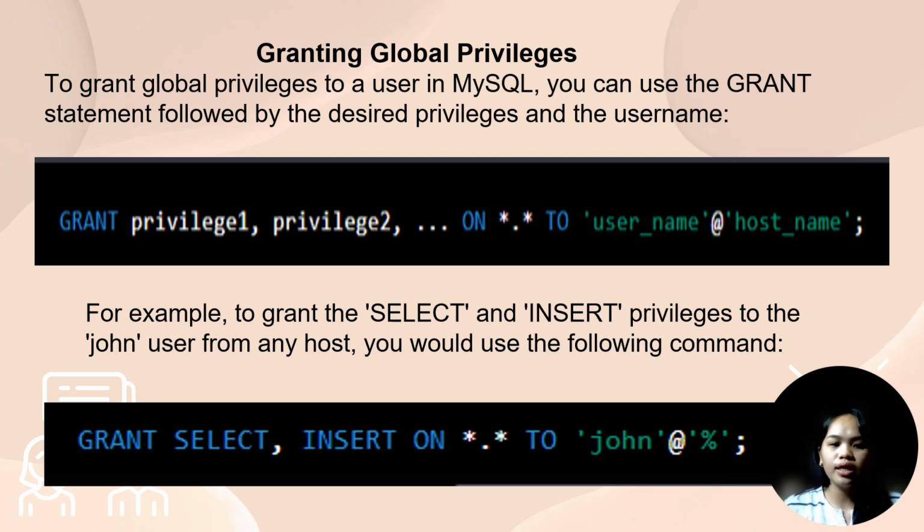You can use the grant statement followed by the desired privileges and the user. In the next syntax, this is the example: grant the privileges the user can have, such as select or insert, to the user John.